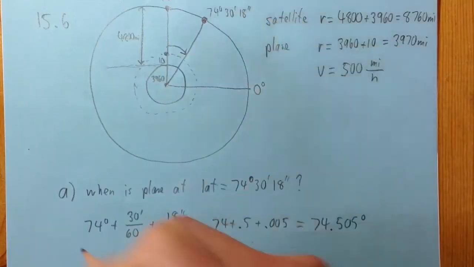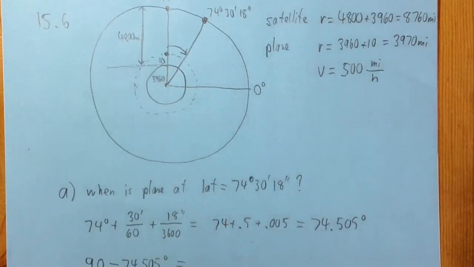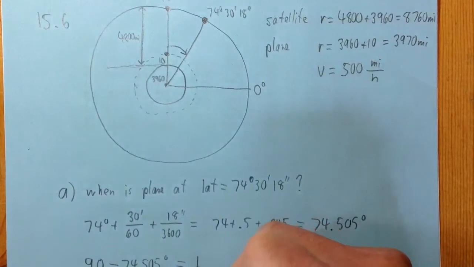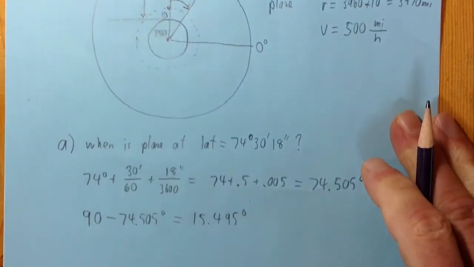That's the latitude, so we got to 90 minus 74.505 degrees. It's about 15 and a half, but not exactly. So it's 90 minus 74.505, which is 15.495 degrees. That's how far they traveled.